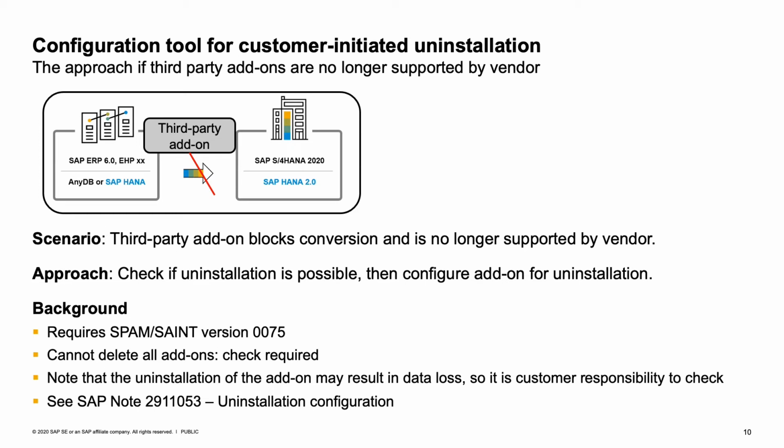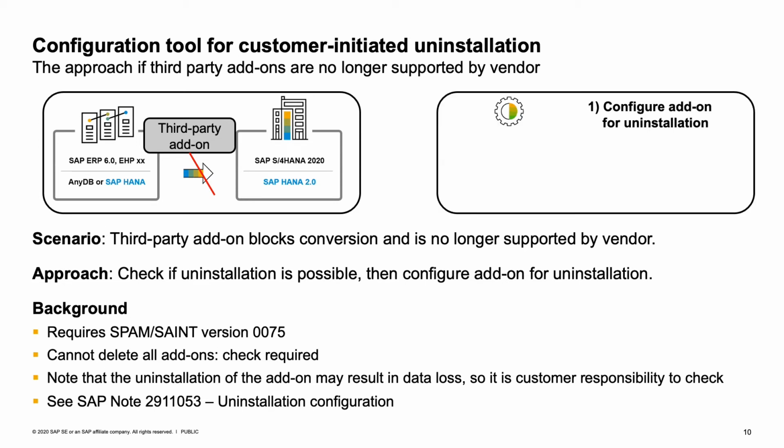So it is an uninstallation on your own responsibility. It's not executed by SAP. SAP is just offering this last solution, so to say, for your project. And you should consider the SAP Note listed there that explains exactly how to use this configuration tool.